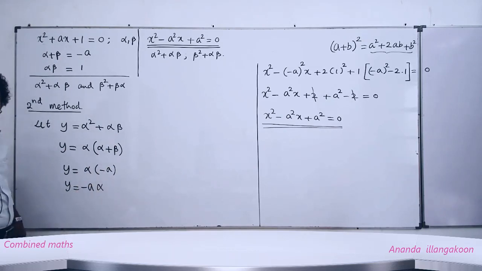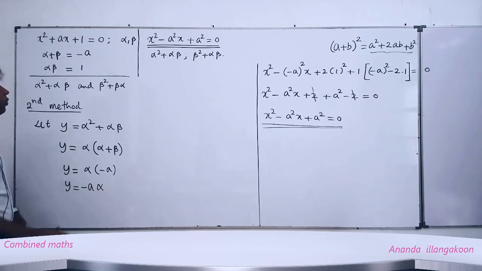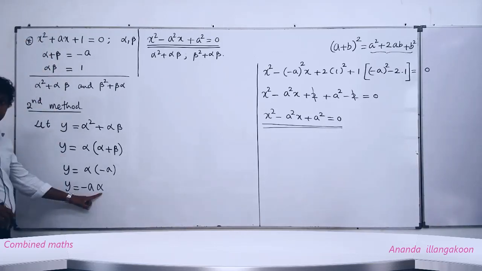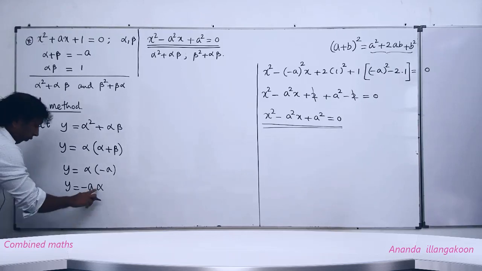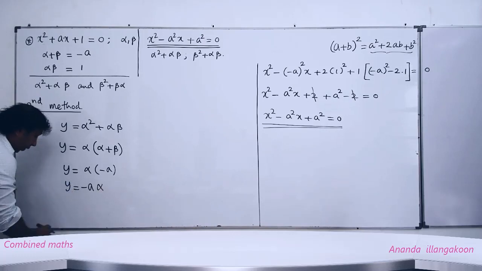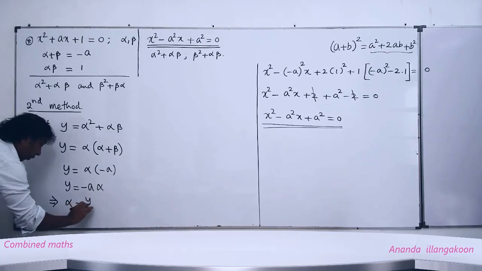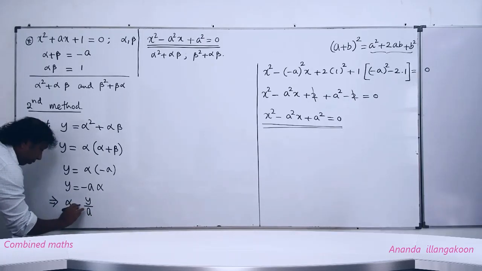Now this alpha is the root of this equation. That alpha I am going to express in terms of this y. Then we divide this y by minus a. This gives us alpha is equal to y divided by minus a.